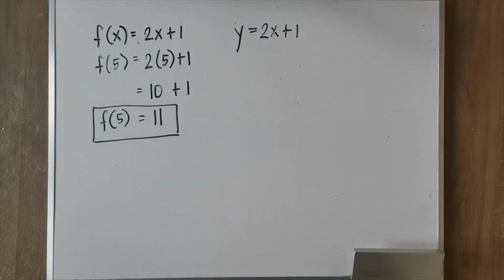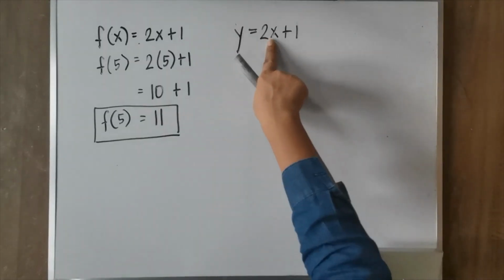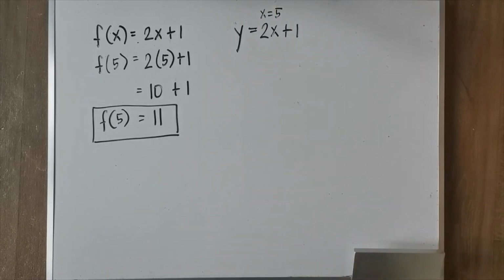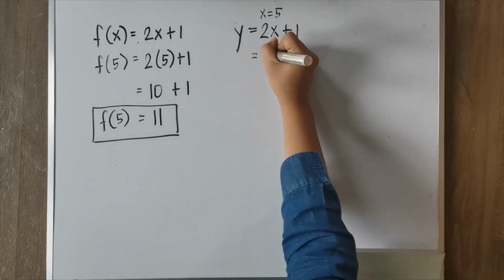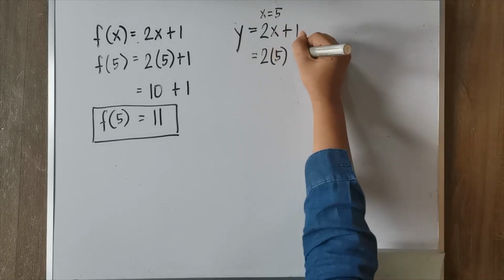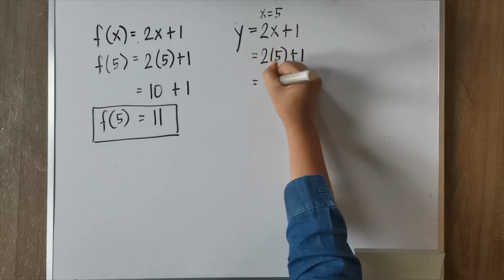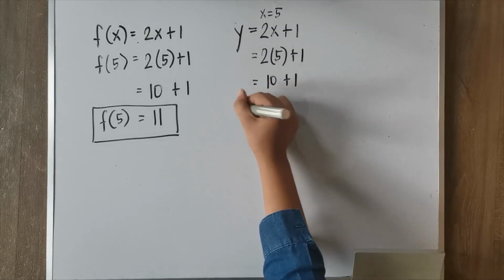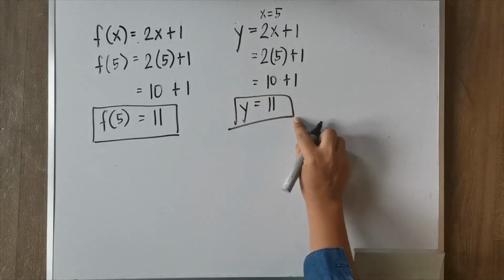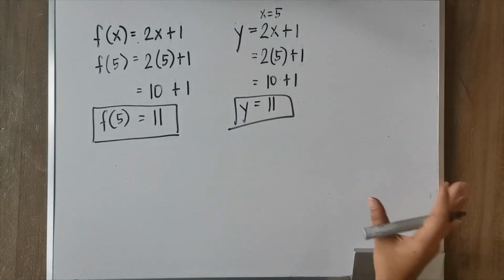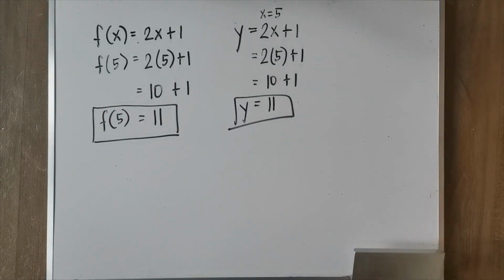Let us now replace x by 5, so we let x be equal to 5. Substituting x by 5, you still have 2 times 5 plus 1. 2 times 5 is 10, you add 1, and you will have a result of 11. This one here is evaluating an equation, and this one is evaluating a function, but the process and the answer are the same.